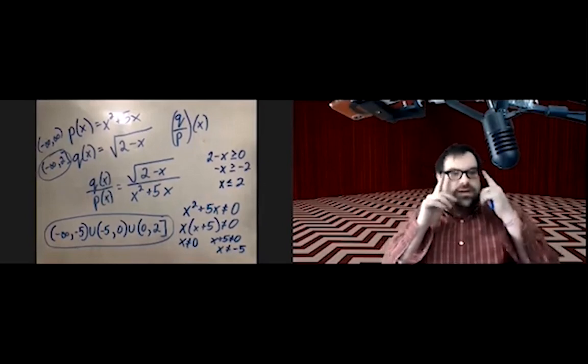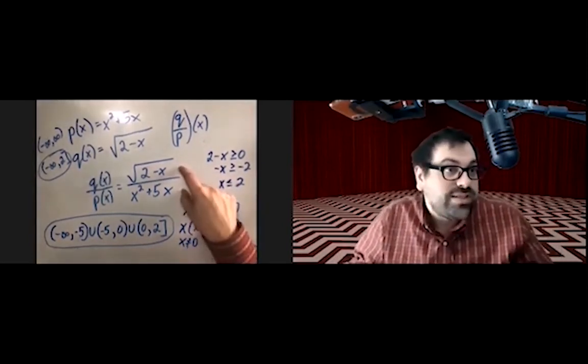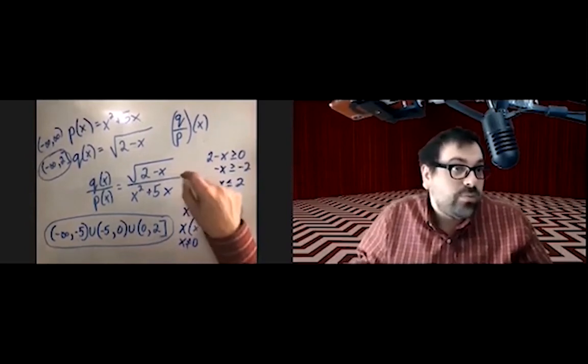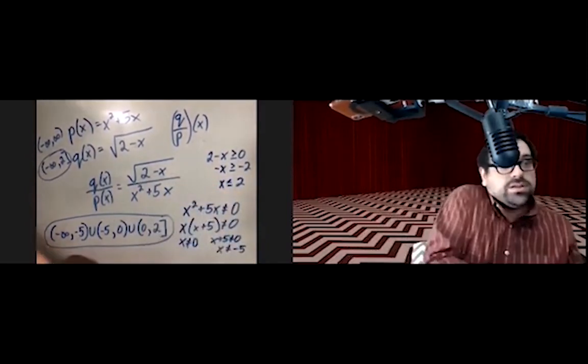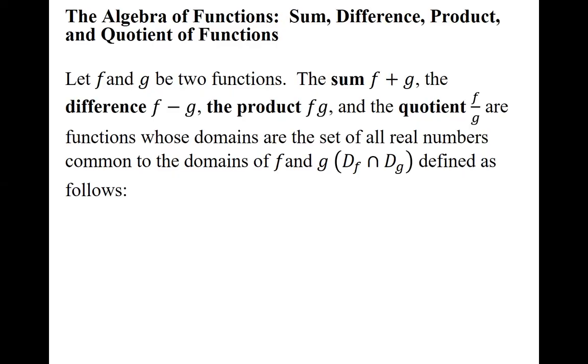Why is it important to figure that out? Because it's not enough to know this part. The question said, find the function and write the domain in interval notation. Well, if we let f and g be two functions, the sum is f plus g, the difference is f minus g, the product is f times g, and the quotient is f divided by g.